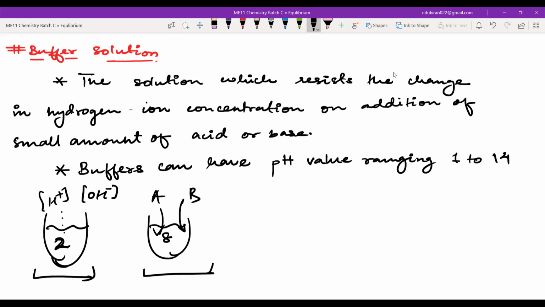It should not get much larger or smaller than 8. So this is the definition of a buffer. A buffer does not have a particular pH, but a particular buffer will have a particular pH.